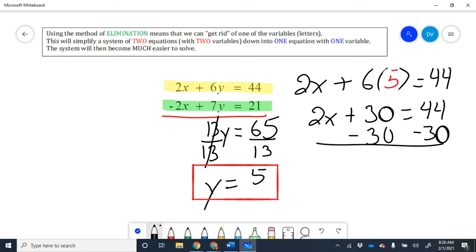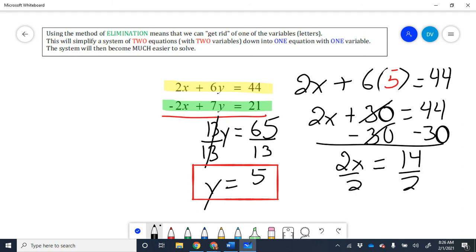Well, on the left side, positive 30 and negative 30 adds up to 0. We don't need to write that. We just cross them off. And we're going to write what we didn't cross off, the 2x, and 44 minus 30 is 14. We just have one more step in this problem to get our answer. And we're going to divide both sides by 2.